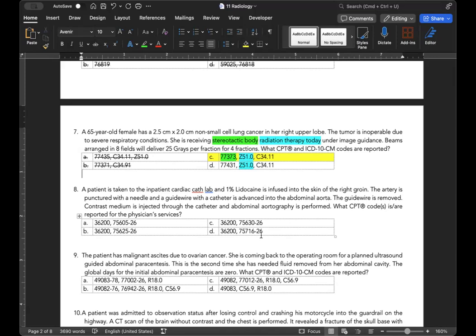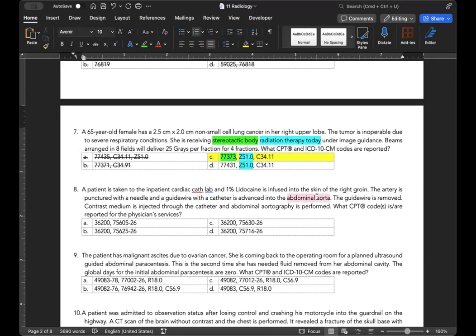Let's go look at those. 75605 is for aortography, thoracic by serialography, radiological supervision and interpretation. 75625 is an aortography, abdominal by serialography, radiological supervision and interpretation. And then your 75630 is for aortography, abdominal plus bilateral iliofemoral lower extremity catheter by serialography, radiological supervision and interpretation.